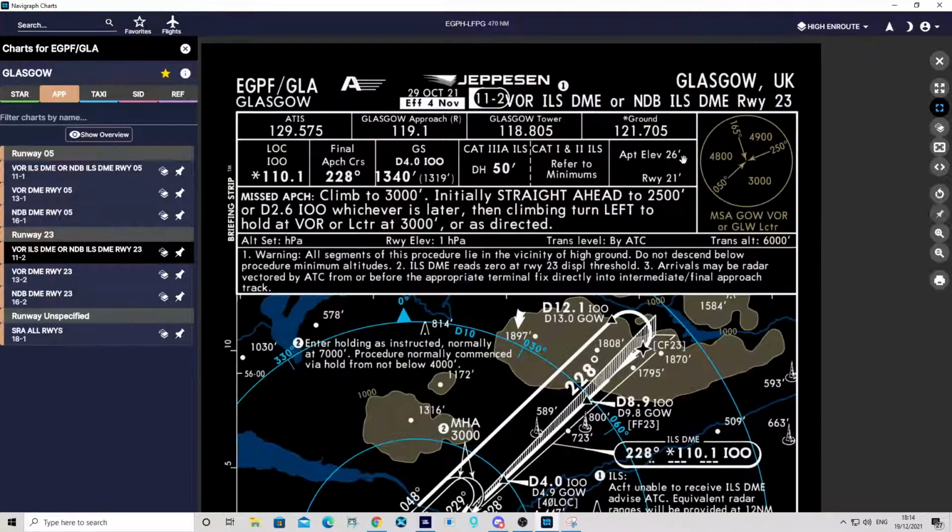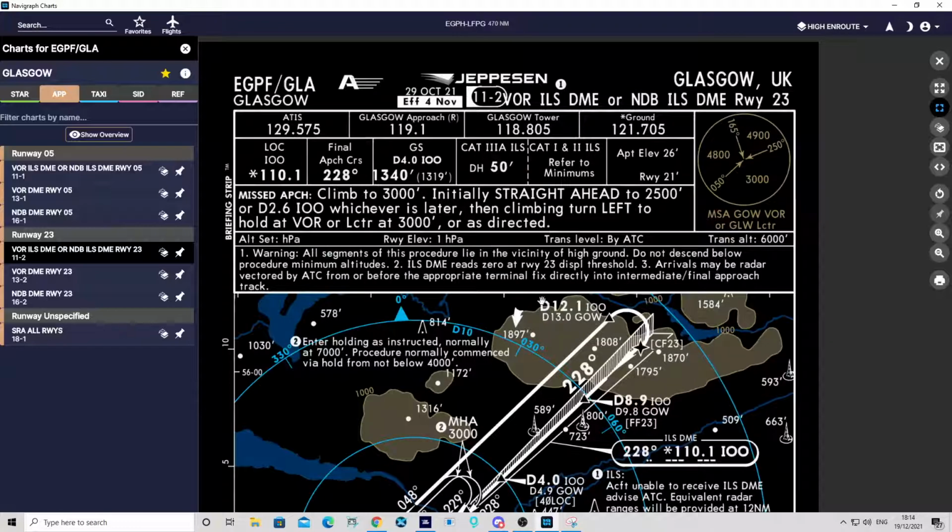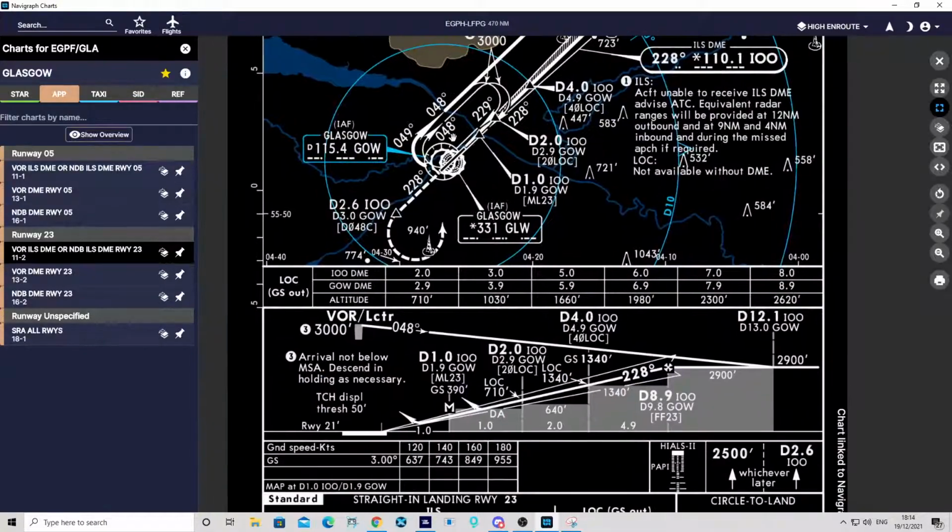And because this is not just an ILS, it's also a VOR ILS DME or NDB ILS DME, you've got about four different approaches in this chart. So you can see you've got GAL, which is the VOR. So you've got the two different distances because they're not co-located. They're slightly different places in the airport. So then you can do your distance checks based on whichever one you're using, whether you're doing a localizer approach or whether you're doing a VOR approach.